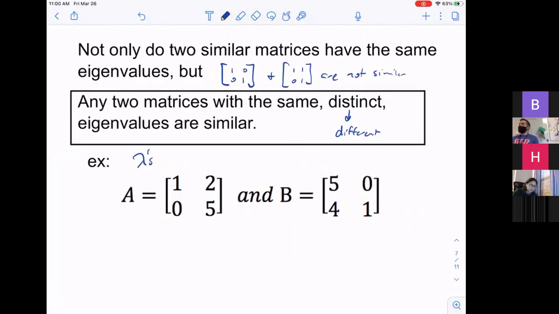They can be, but it's not guaranteed. Yeah, if they have the same eigenvalues and the eigenvalues are the same as each other, like 1 and 1, it's possible that they're similar, but it's not guaranteed. They will be if they also have distinct eigenvectors.